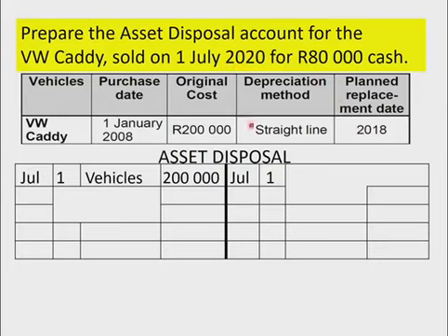So the caddy has fully depreciated, which means the accumulated depreciation on the caddy is R1 less than the cost price, which means the accumulated depreciation is 199,999.